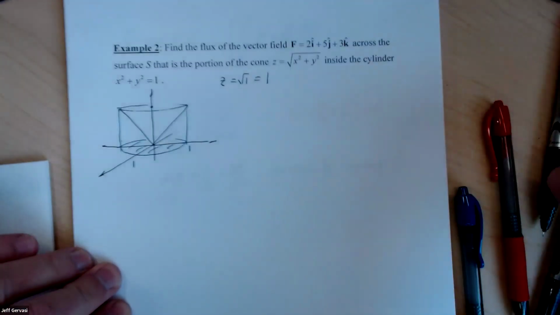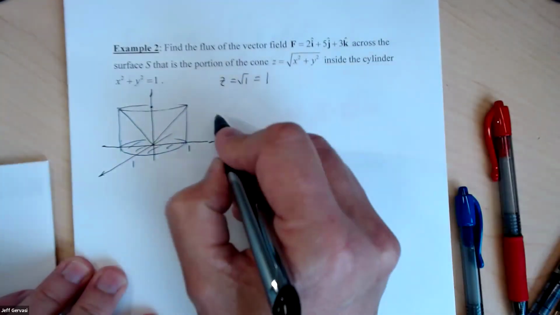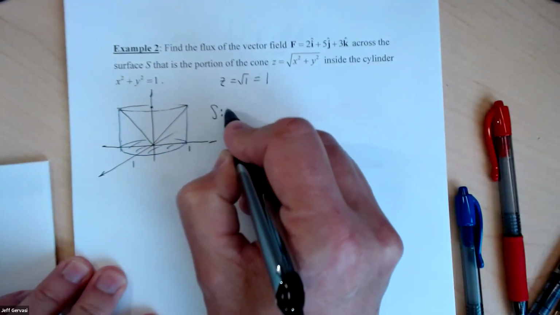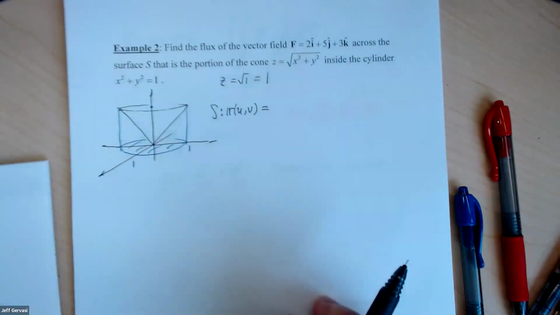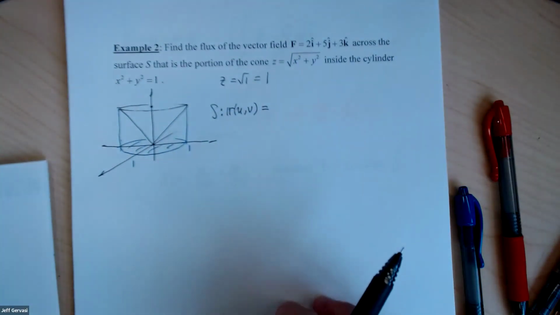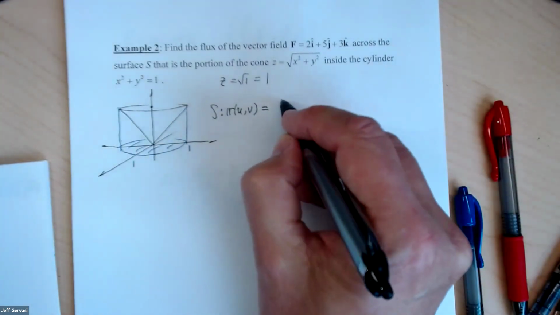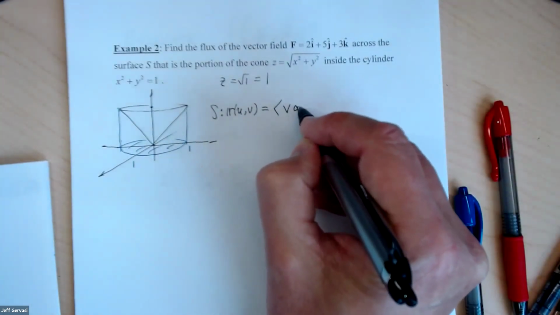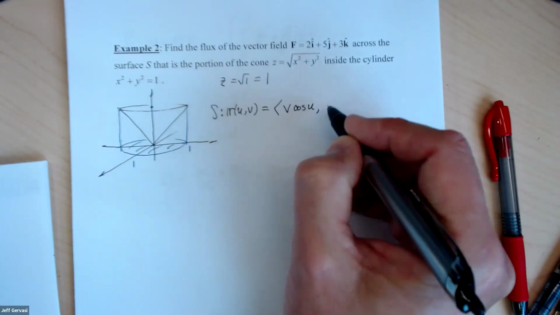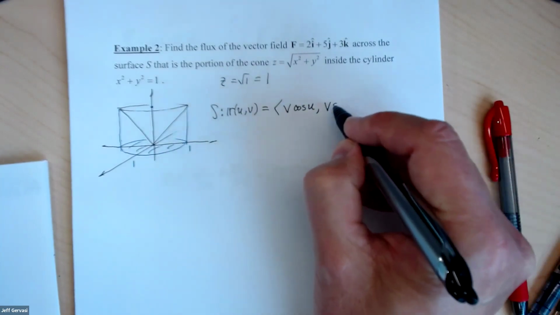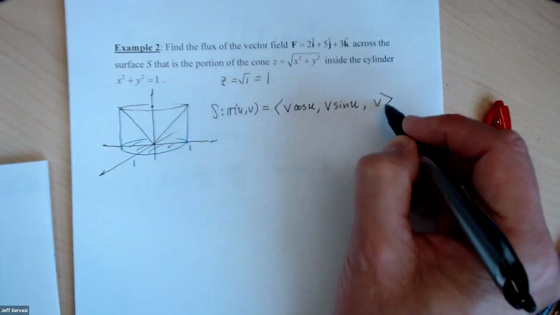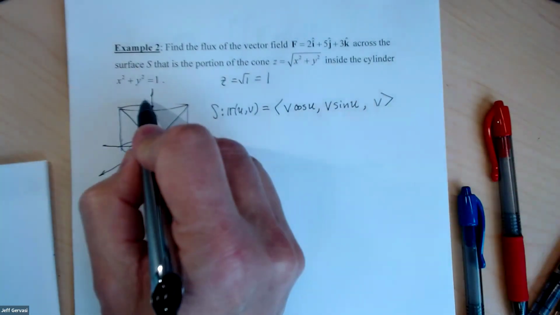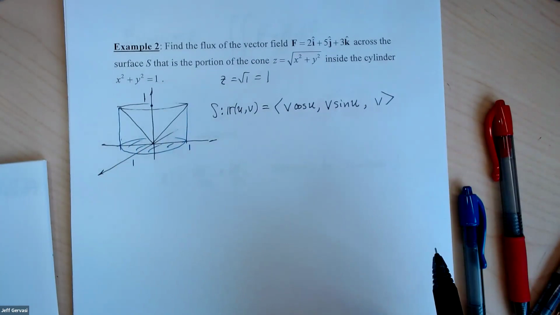Okay. All right, let's see. Now, here's my parametric representation of our cone. Oh, I forgot to put this as 1. Here we go. Okay.